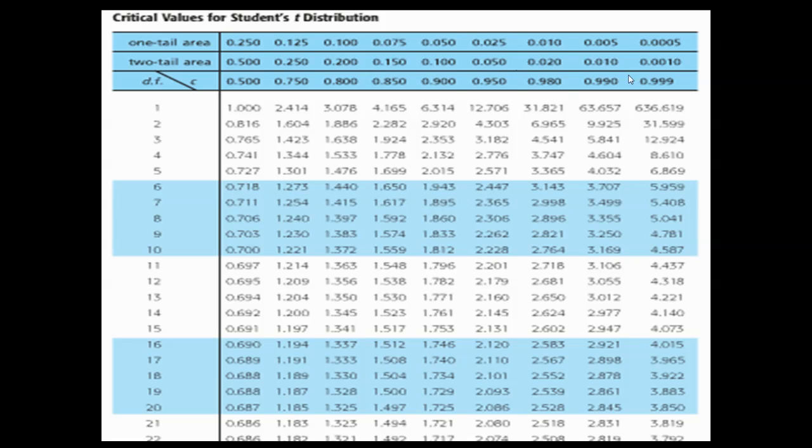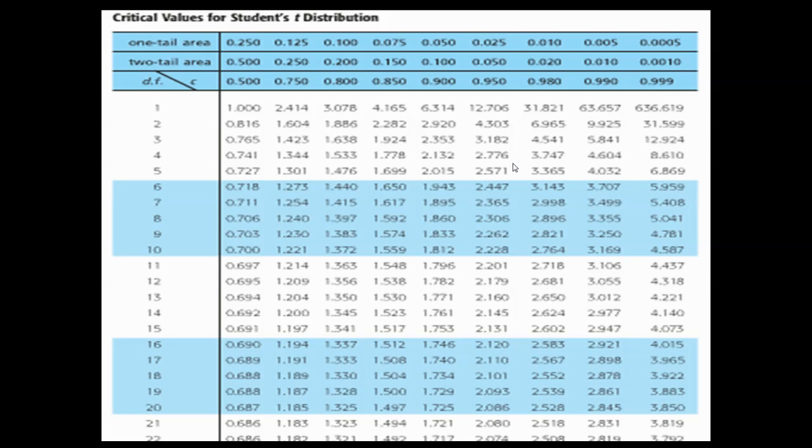What you're looking at is this third row. You've got a 50% confidence level, 75%, 80%, 85, 90, 95, 98, 99, and 99.9. We very rarely use this one. These are the ones primarily, 90, 95, 98 sometimes, and 99.